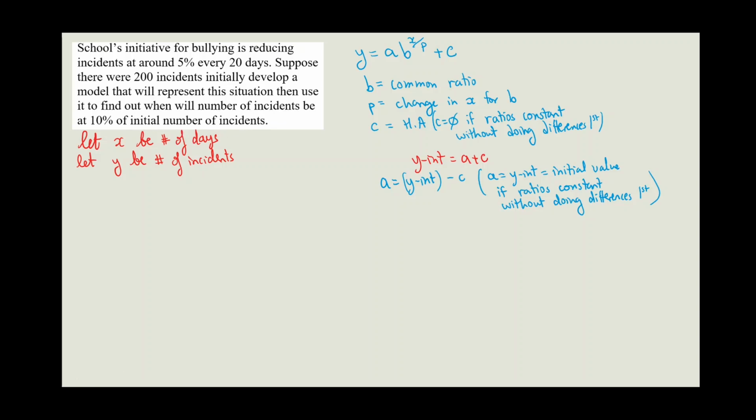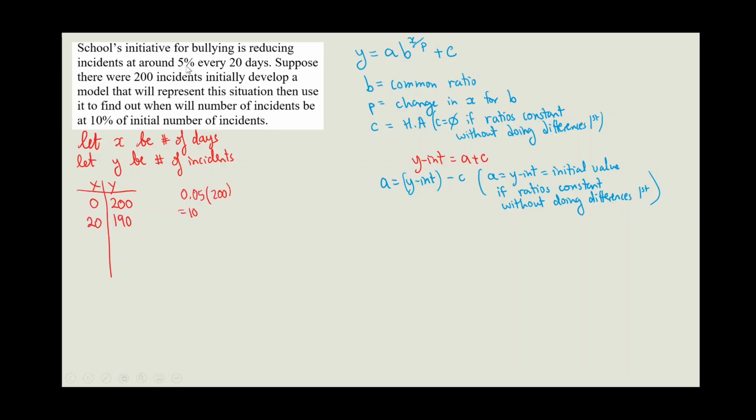So in terms of let statements, we're going to have x to be independent variable for how many days have passed. And y is going to represent number of incidents being reported. So we have initially, so let's say at time 0, we have 200.